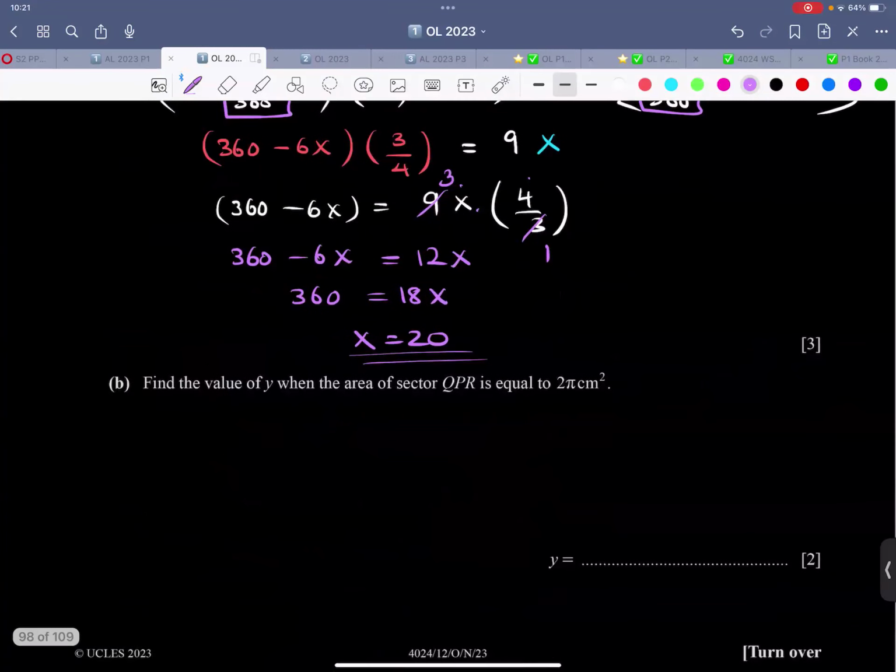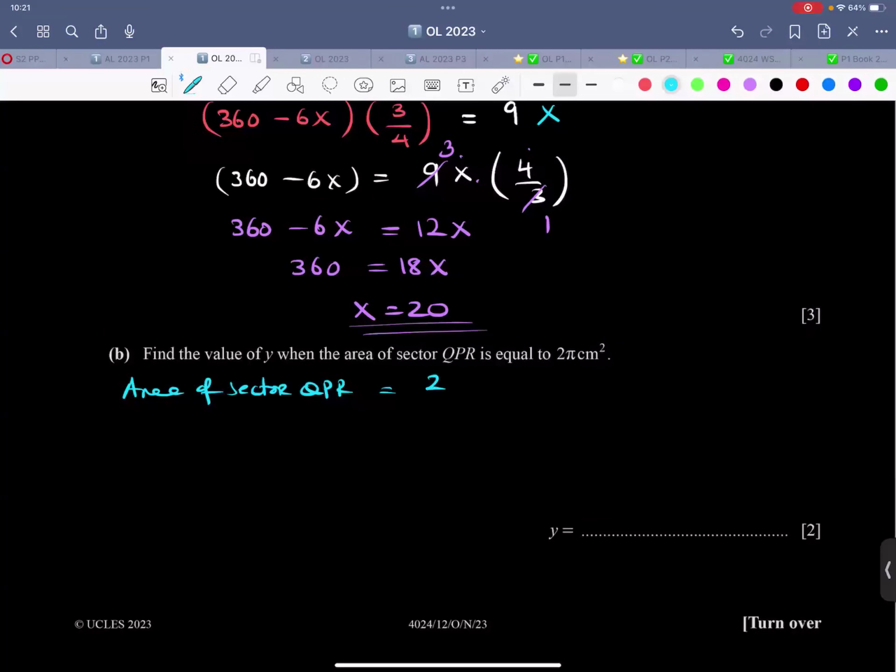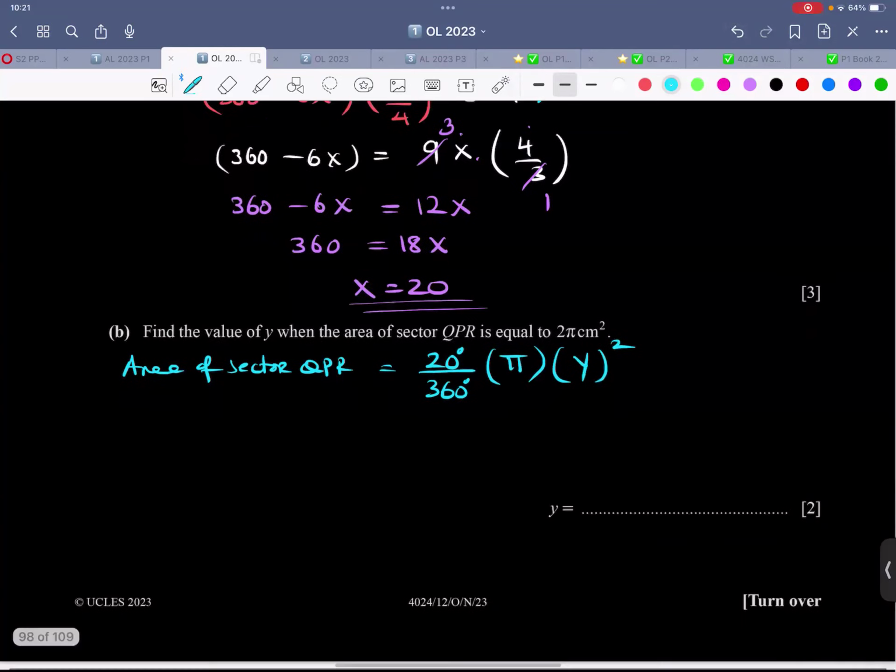The angle is x, which is 20 degrees. So 20 degrees divided by 360 degrees into pi r squared, where r is y.